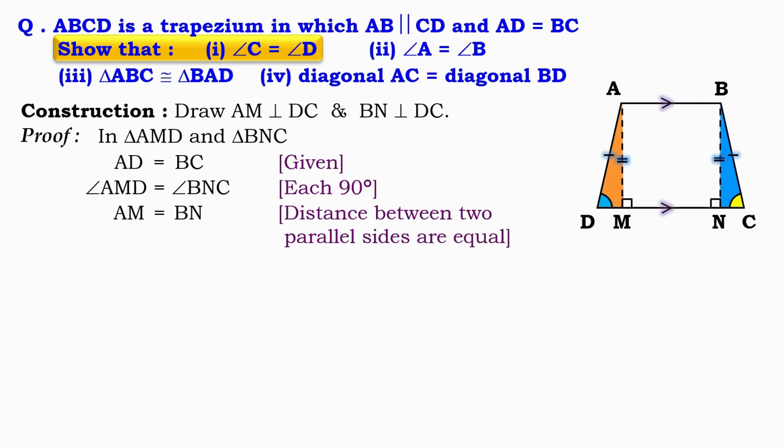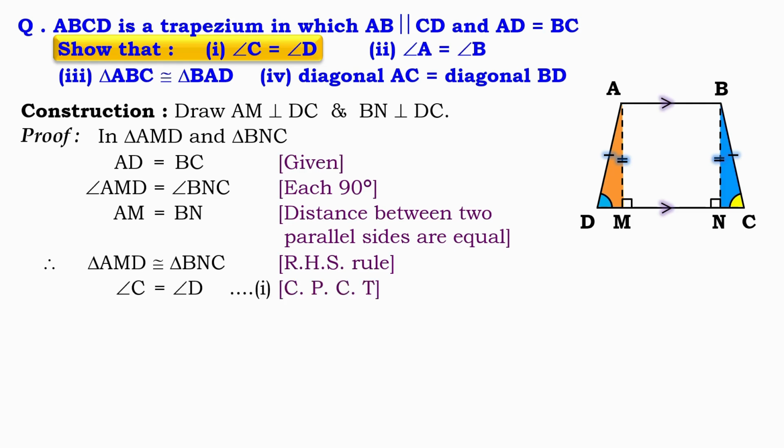And also mention why it should be equal, because the distance between two parallel sides is always equal. So hence triangle AMD is congruent to triangle BNC by using the RHS rule. What is the RHS rule? One angle should be a right angle, the hypotenuses should be equal, and any one side should be equal. Correct? So by using the RHS rule, we can prove that these two triangles are congruent.